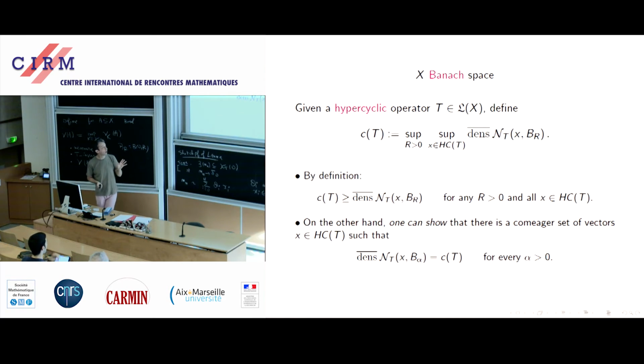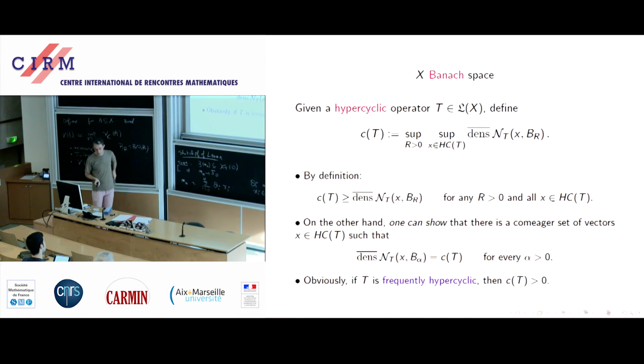The radius has nothing to do with that business, and almost all points are maximal in this sense. And last remark, which actually is not useful, but it's obvious: if you are FHC, then obviously your C of T is positive. But you don't use this in what follows.